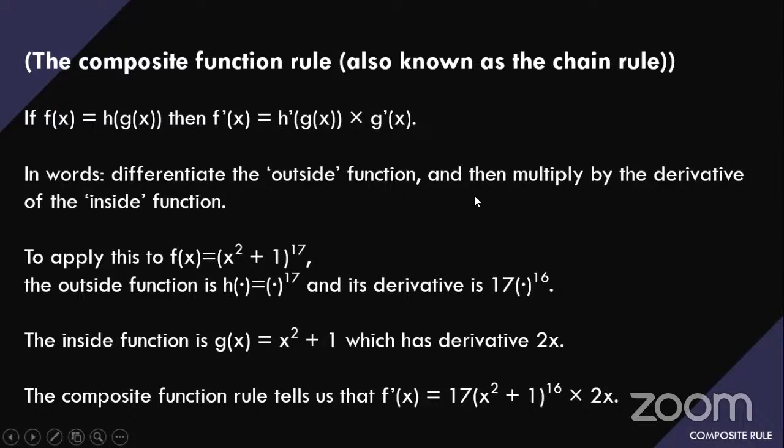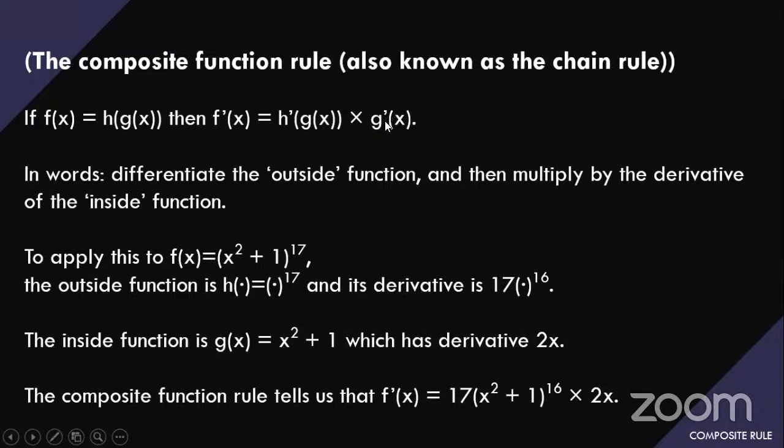Then we multiply it by the derivative of the inside function. What is our inside function? Our inside function is g of x. So when we differentiate it, we arrive at g prime of x.